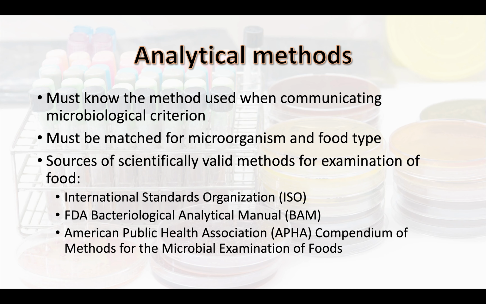A critical factor to understand when reporting and interpreting microbial test results is the unit in which the result is reported. Common units include CFU, or colony-forming unit, per X number of grams or X number of milliliters, and also most probable number, or MPN, per X number of grams or X number of milliliters.